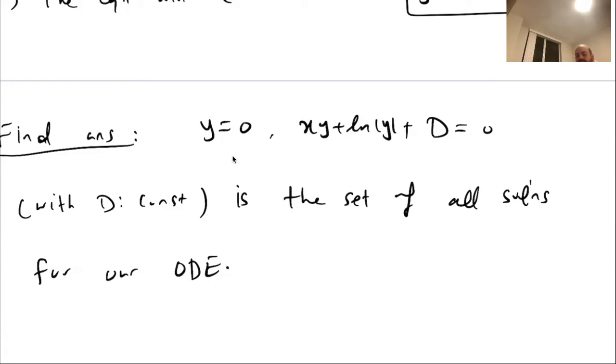And we verified that it is also a solution. So overall, this is one solution, and this is one type of solution, or one form of the solution. And together, there will be the set of all solutions for our ODE.